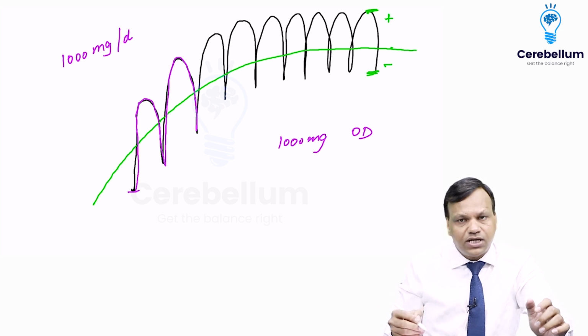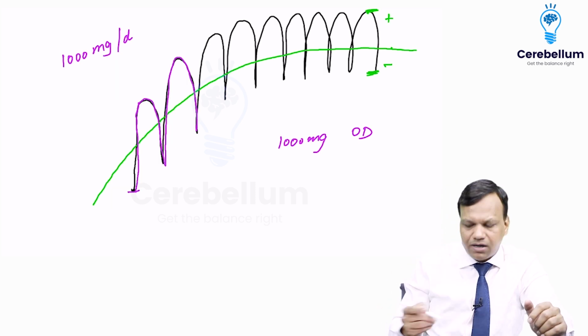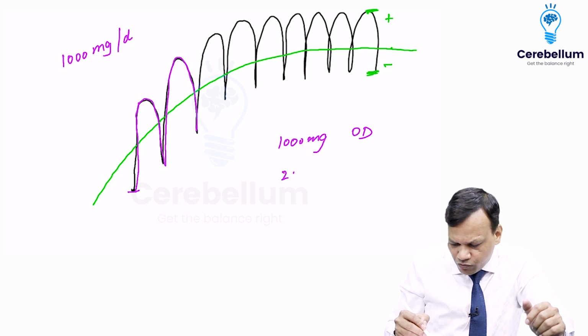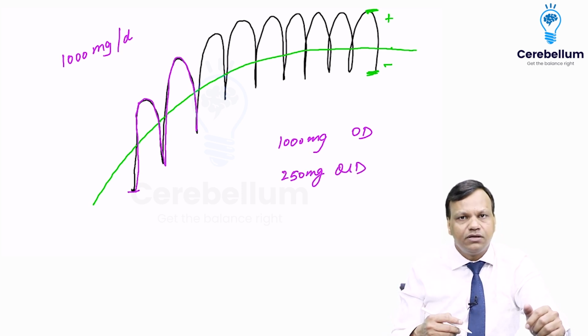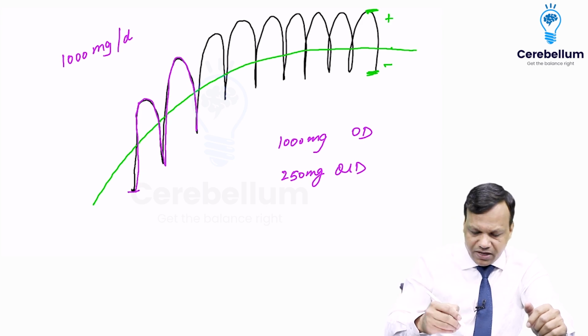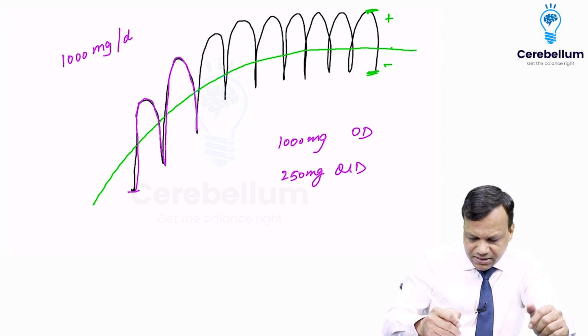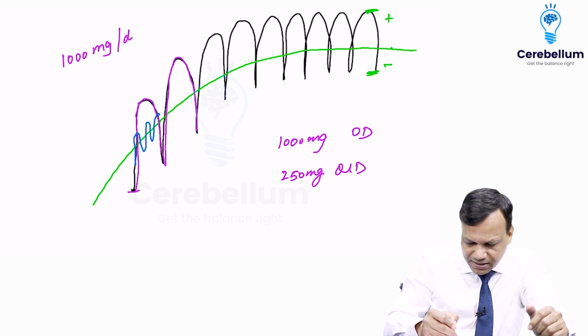But on the other hand, we can also make it 1000 milligram per day by giving 250 milligram 4 times a day. What we are doing is increasing the concentration slightly, then a decrease, then increase, then decrease, then increase, then decrease.